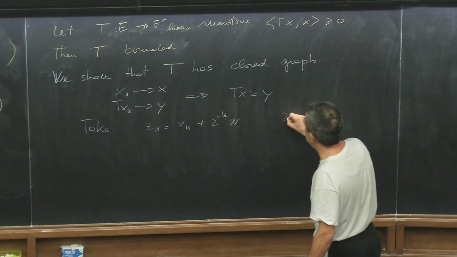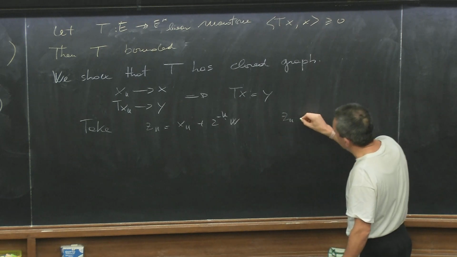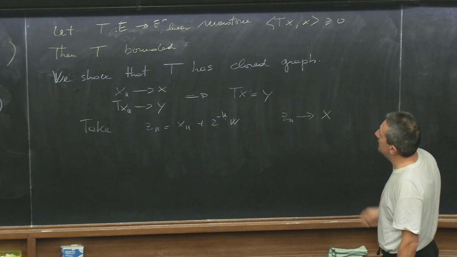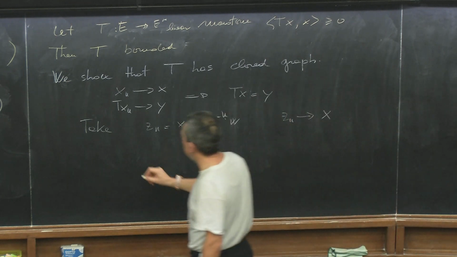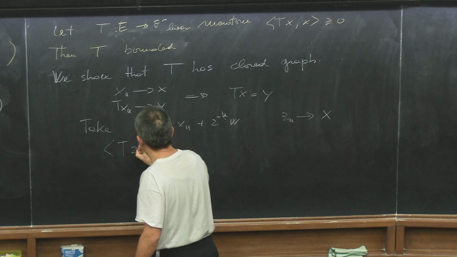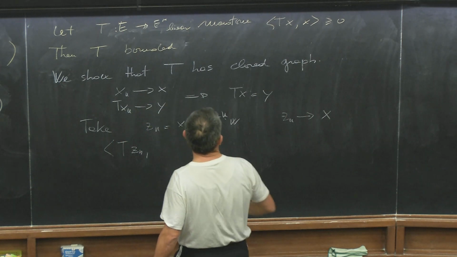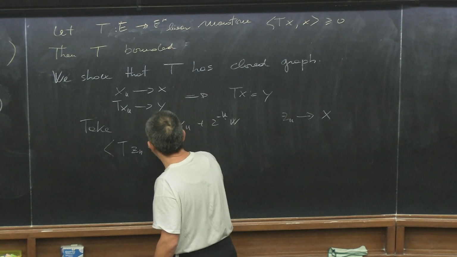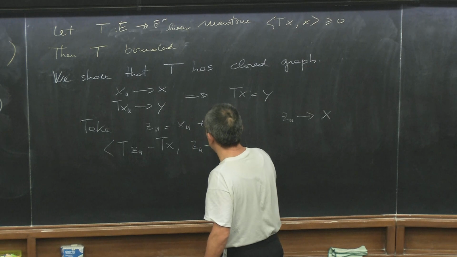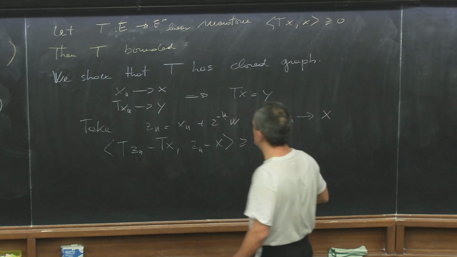So we have again that z_n clearly converges to x. And now we use the hypothesis. By the assumption, T applied to z_n minus x, paired with z_n minus x, is greater or equal than 0.